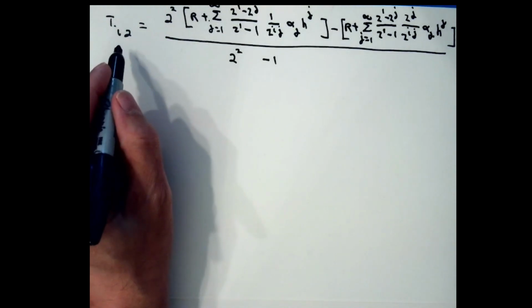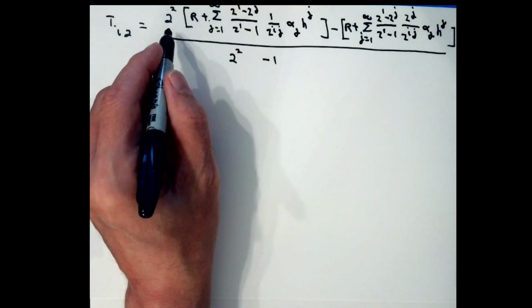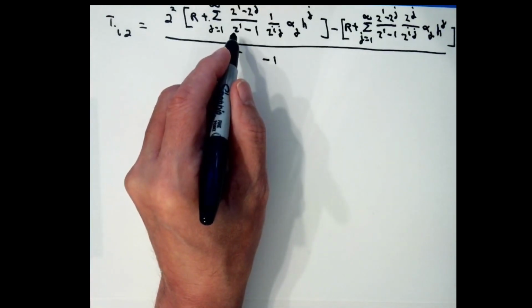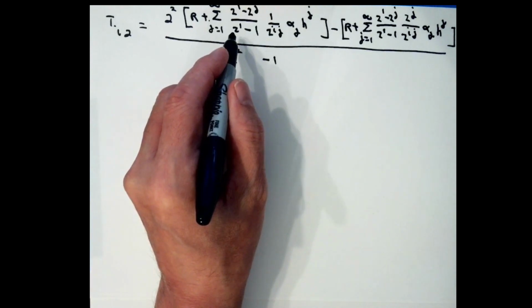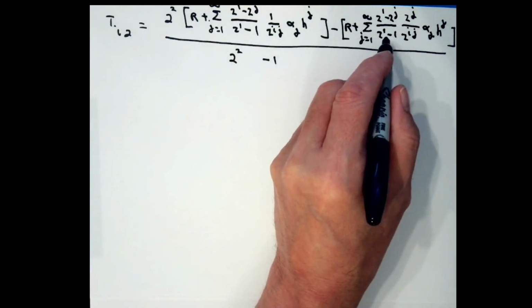Using our Richardson formula, t_{i,2} is 2 raised to the 2 power times t_{i,1}, which we previously had gotten a formula for, minus t_{i-1,1}.